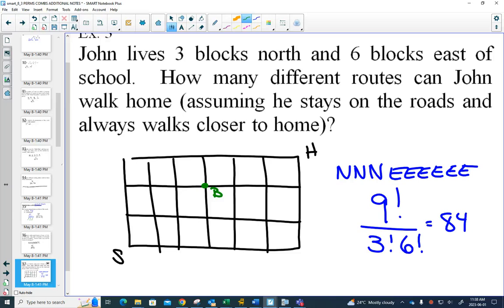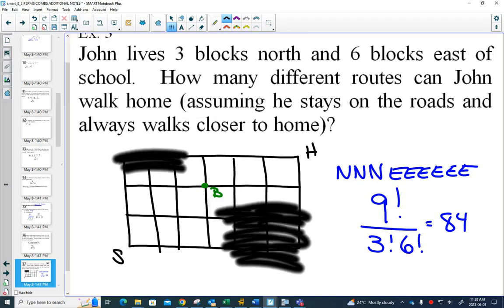So what does that mean for counting? Well, we would have to take out certain sections. So it makes sense that he never goes to these spots anymore and never would go to those spots if he's always walking past Betty's house.